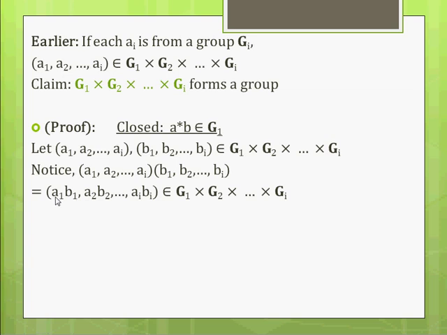And now, each of these components, let's just go to the next little bullet here. Because G is a group, each product is in each group respectively. So A1, B1 is going to be in G1. Because first of all, A1 and B1 come from G1.